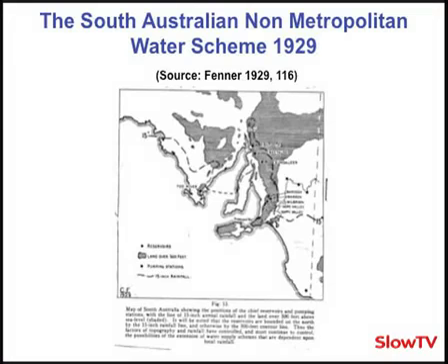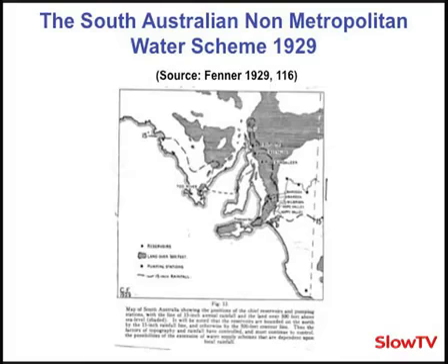But what he wrote about really encapsulated the approach to water of the 20th century in South Australia. You can see here that he was very proud of the state's distribution system of water, which covered the whole state, and the growth of reservoirs and so on in the Adelaide Hills.